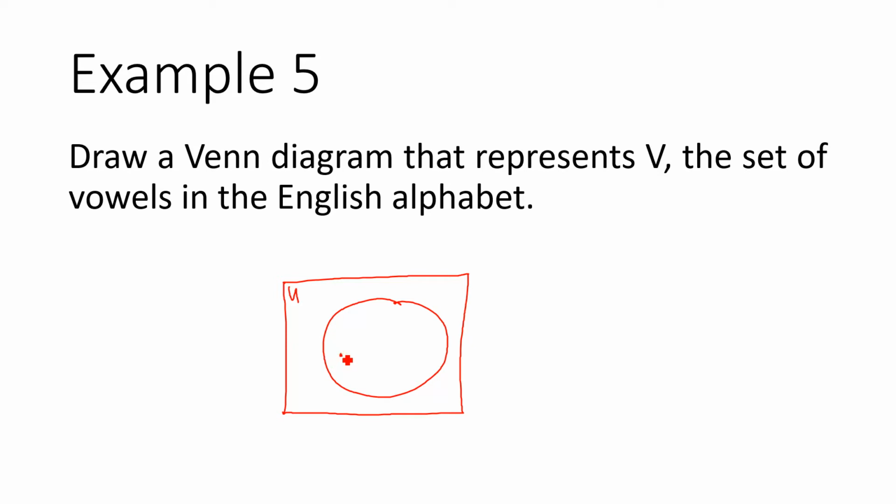So let's say this is our A, this is our E, this is our I, this is our O, and let's say this is our U. And this set is set V. So this is our Venn diagram.